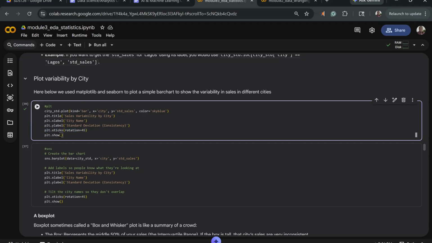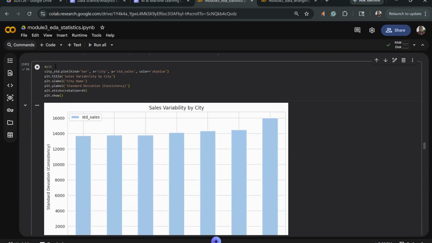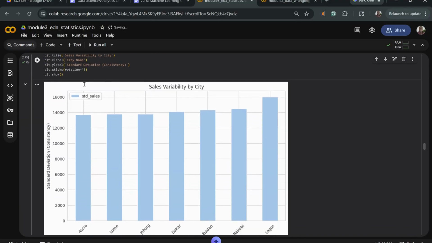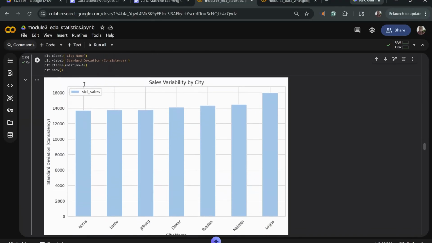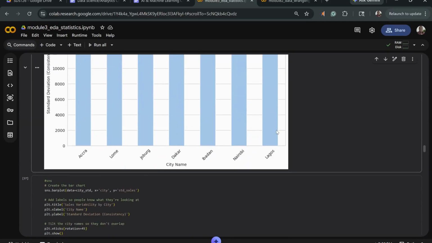So this plot says we are ready to push our image out, and here it is. This is using matplotlib, as you can see, plt, the one we already established when we called the module earlier on. You see Accra having the least and Lagos having the highest sales variability.